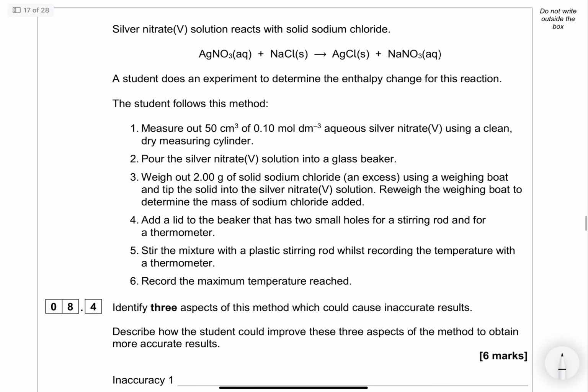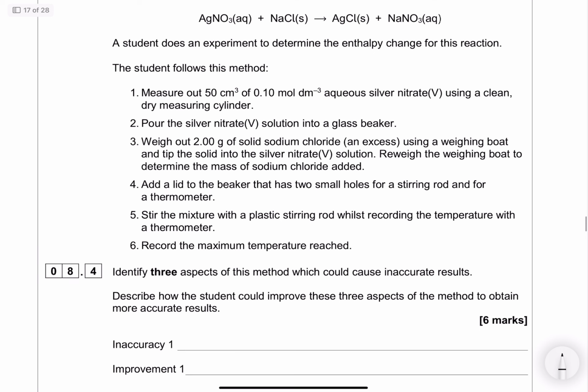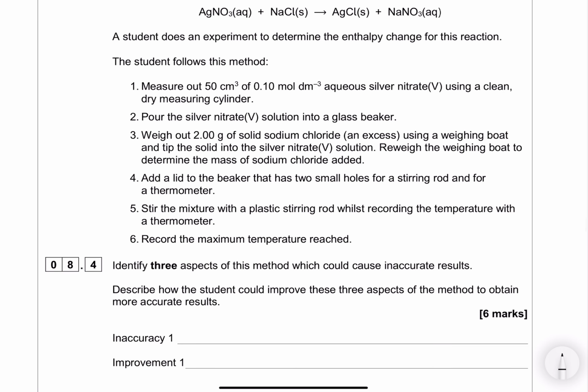Silver nitrate solution reacts with solid sodium chloride. A student does an experiment to determine the enthalpy change for this reaction. So they've measured out, using a measuring cylinder, 50 centimetres cubed of 0.1 mole per decimetre cubed silver nitrate.